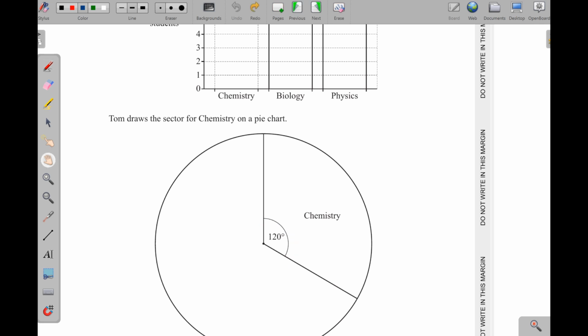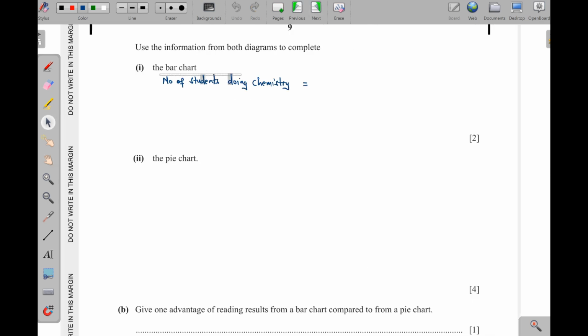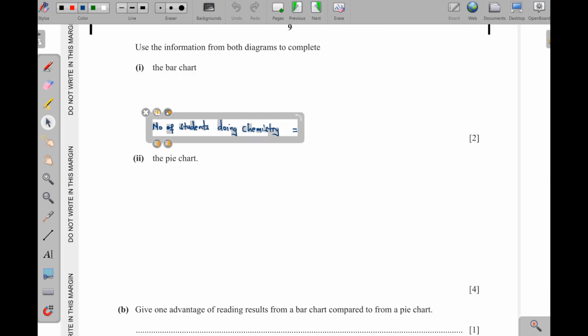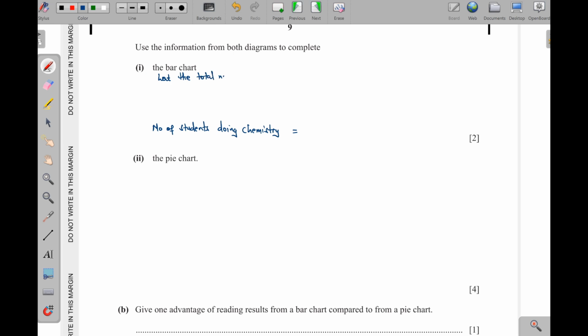Are we there? 120 degrees out of 360. Then times the total number, we don't know. You get it? But if I come here, in fact, let me just look at this one here. Let the total number of students, because it wasn't given, be equal to x.